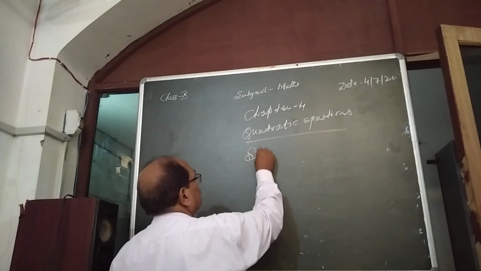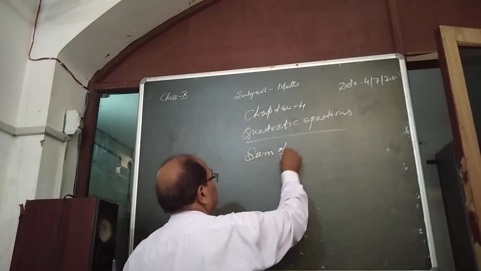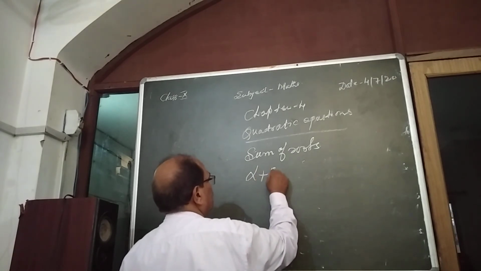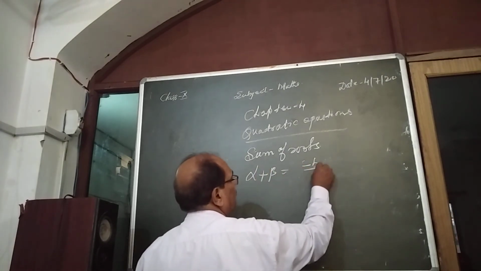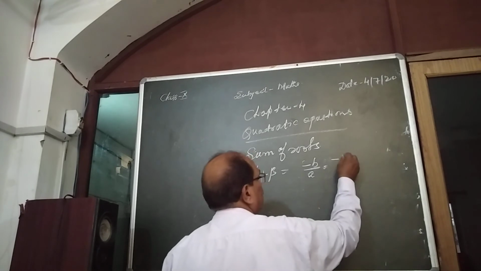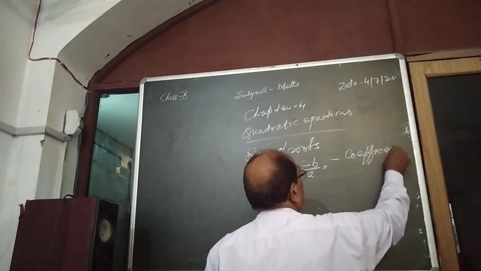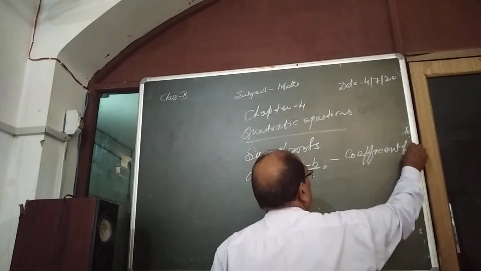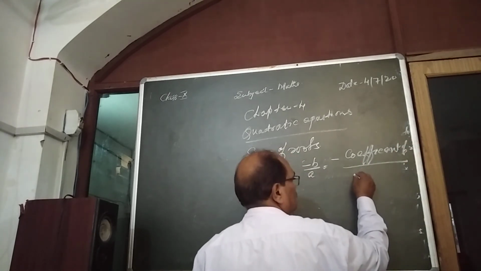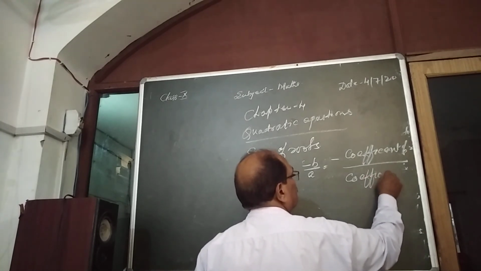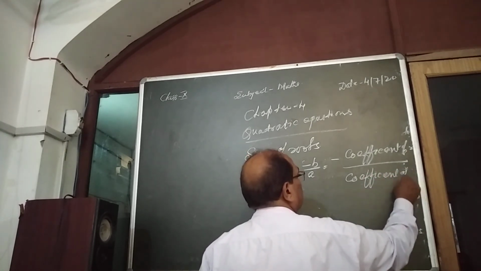After that, sum of roots. That is alpha plus beta. If you add these two, it will come minus b by a. That is equal to minus coefficient of x divided by coefficient of x square.